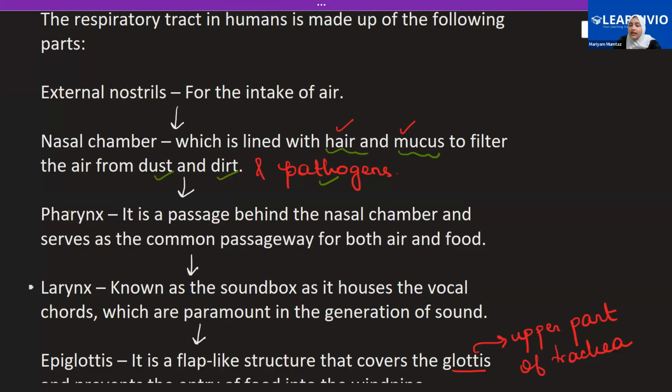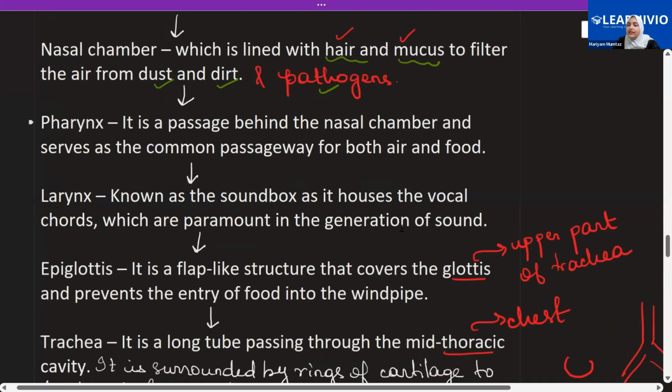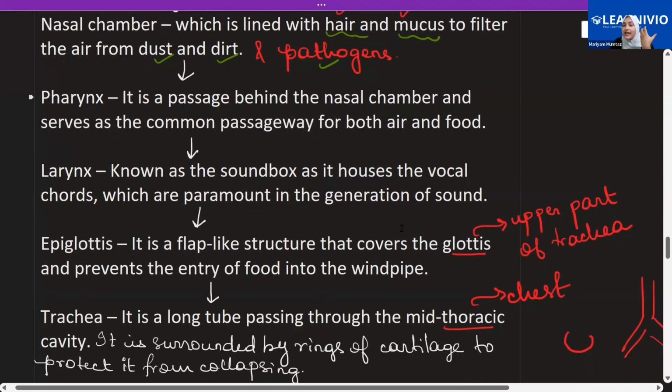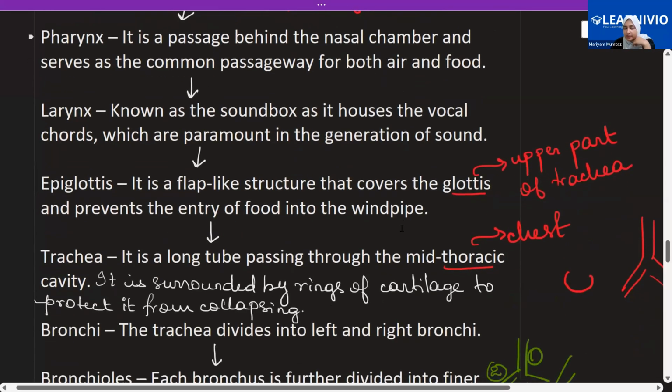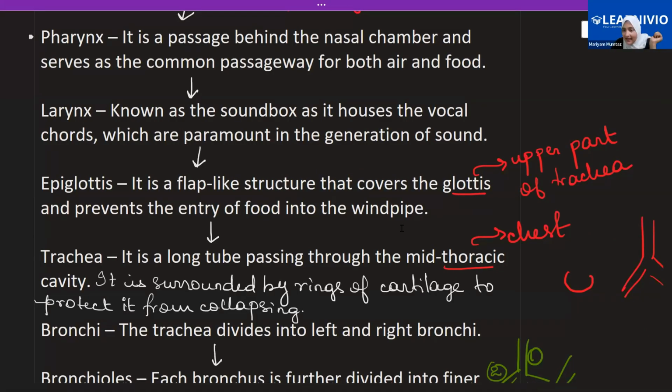Now, the larynx is called the sound box, and the way you can hear my voice while I'm speaking is because of the larynx. The larynx produces the sound. Now, remember that the windpipe cannot get food into it, or else we'll choke. That is why our windpipe, our trachea, is protected with a flap-like structure called the epiglottis.